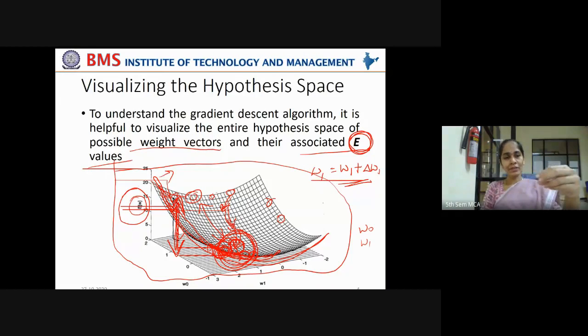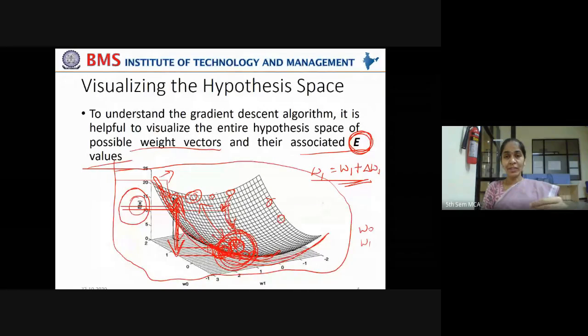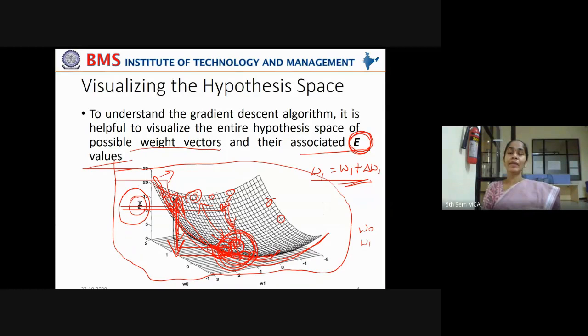Then proceed further. This is the best local solution. Proceed further. Proceed further. Local best solution. Proceed further until it reaches the best of all, the minimum prediction error.